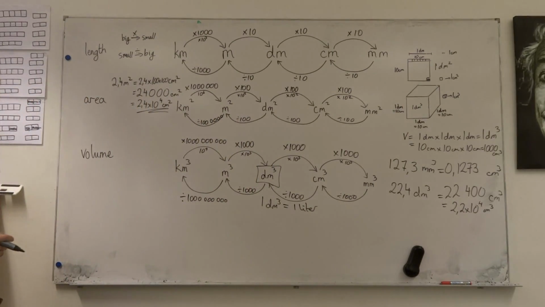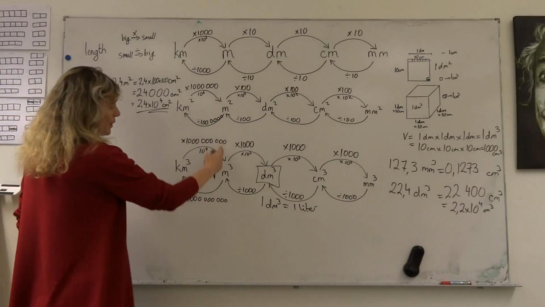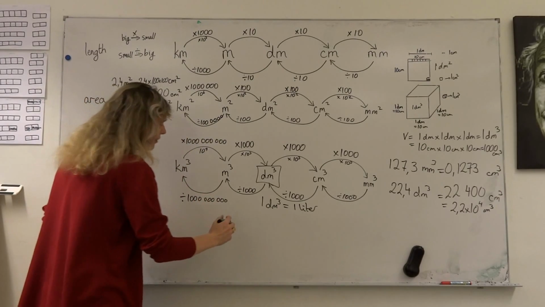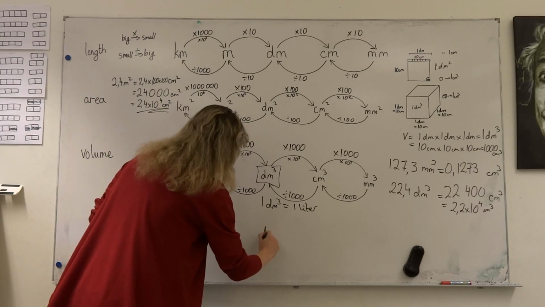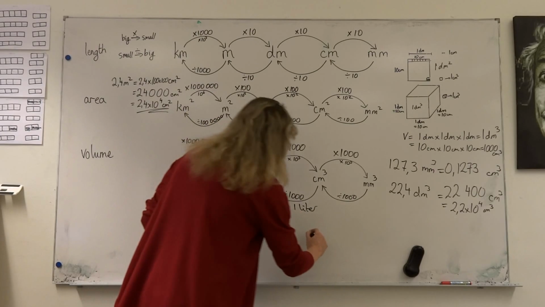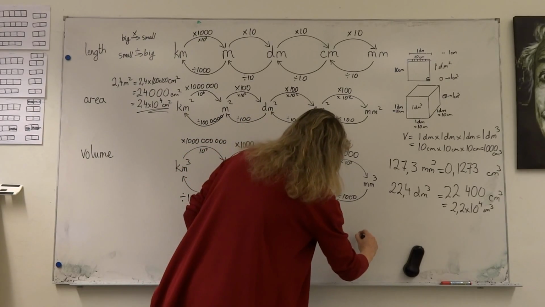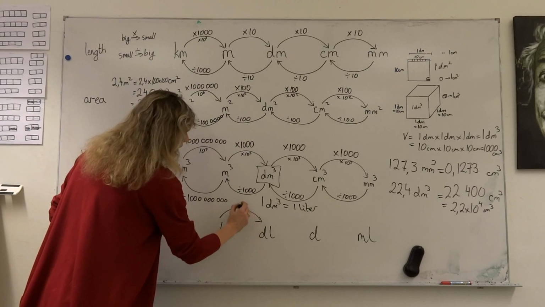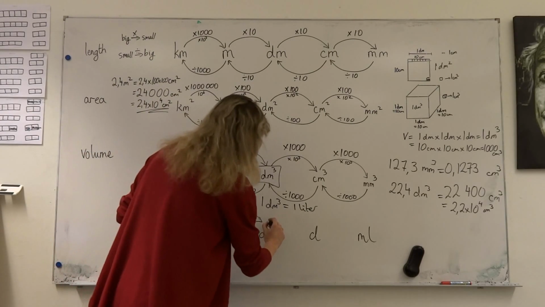So if we were to actually work with the volume litre and put it here under litre, we have litres, decilitres, centilitres, and millilitres. To go from litre to decilitre, we'd multiply by 10.